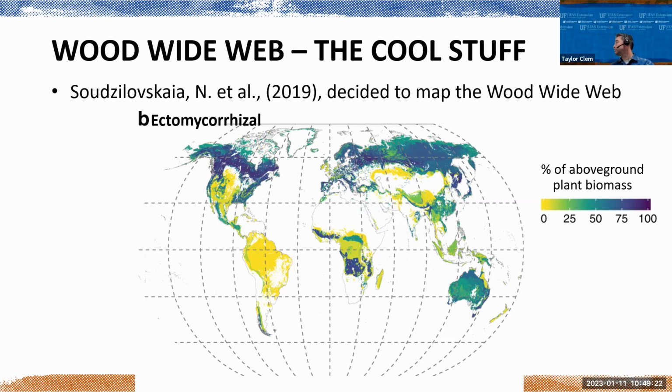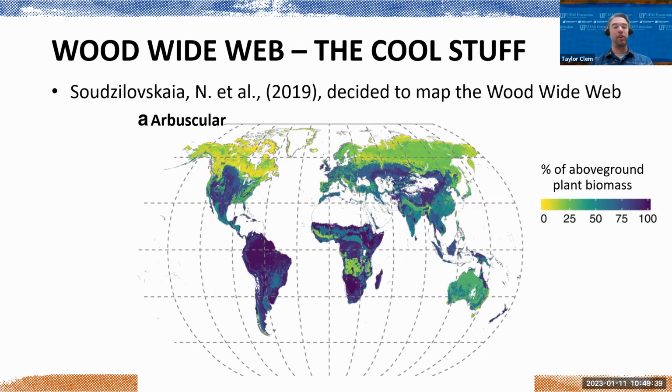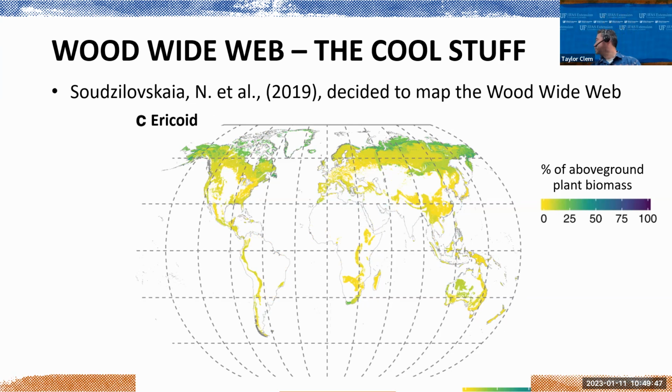Looking at just general ectomycorrhizal, we can see how that distribution is occurring. Obviously, when you're looking at some of these desert areas, you're not really seeing anything. So it's not really surprising where you're seeing the most activity. If we go back to arbuscular, you can easily find the Amazon. But anyway, there's the ericoid.